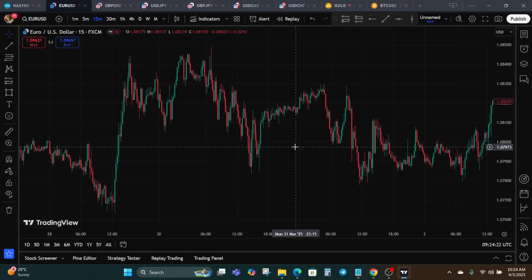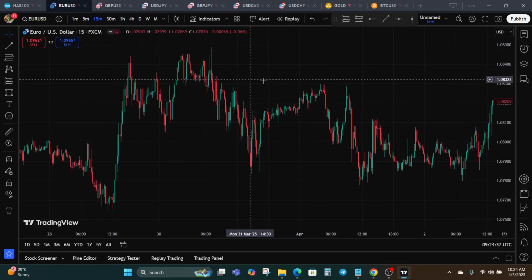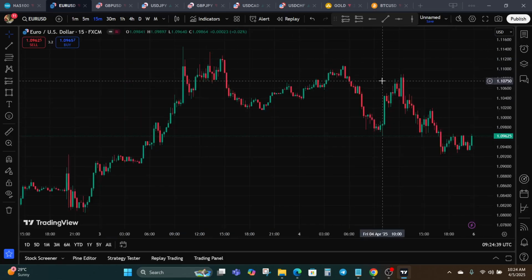We are focusing on clean market structure, reliable support and resistance zones, and a couple of tools that confirm momentum and volume. So now let's quickly start with the foundation, which is market structure. On the 15-minute chart, your first task is to identify the trend direction.